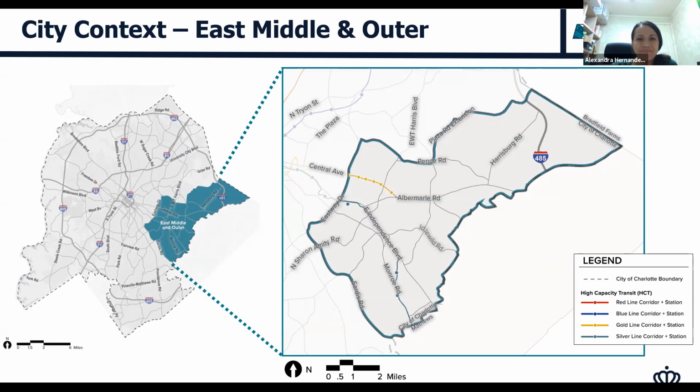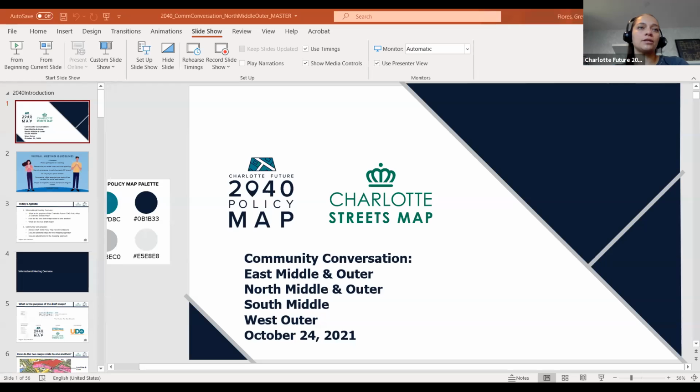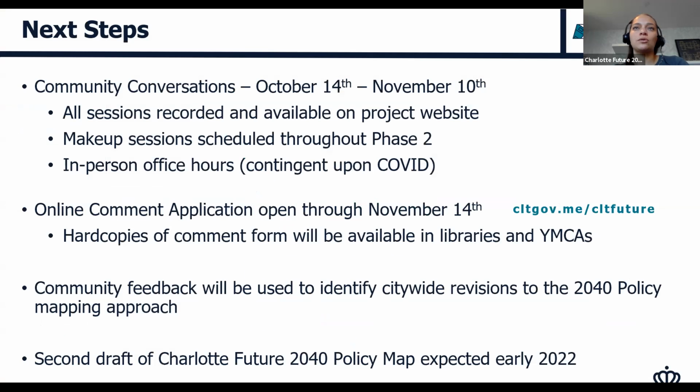Okay. Let me take you through the next steps so that you're aware of what's coming up. This engagement window will be active through November 10th. All of our sessions are on the website, and depending on what COVID does, we may have some in-person opportunities as well, and that'll all be on the website. Things are changing pretty quickly.